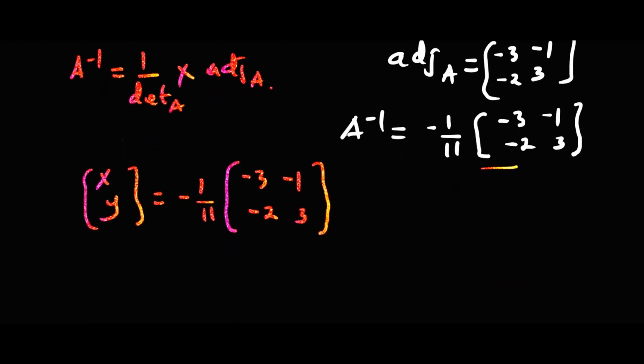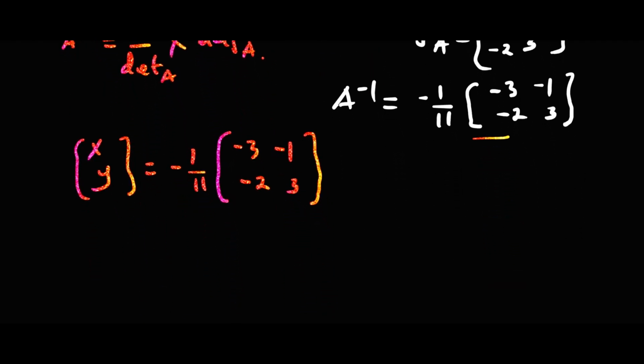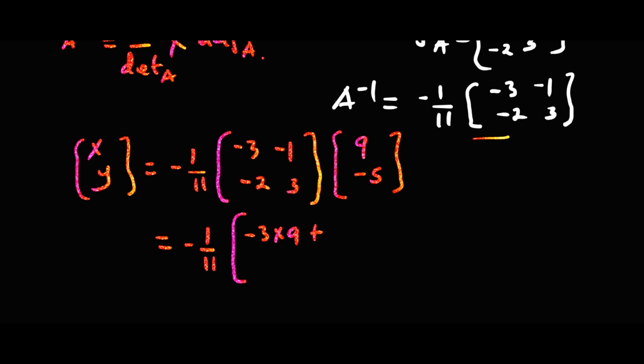So let us go ahead and do that. We have negative 1 over 11 into negative 3 times 9 plus negative 1 times negative 5. Then we have negative 2 times 9 plus 3 times negative 5.